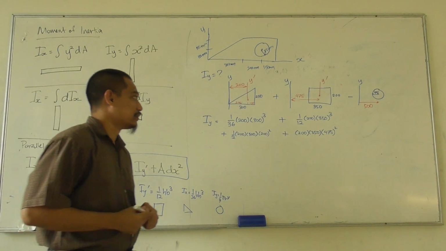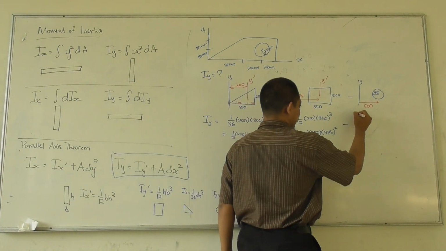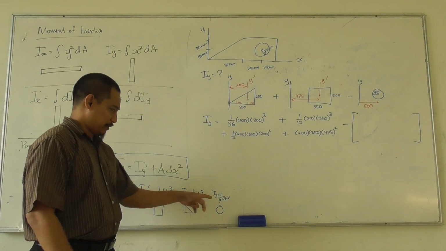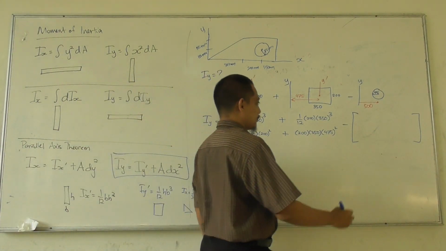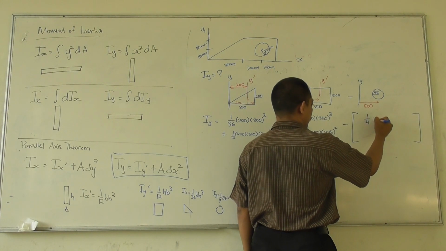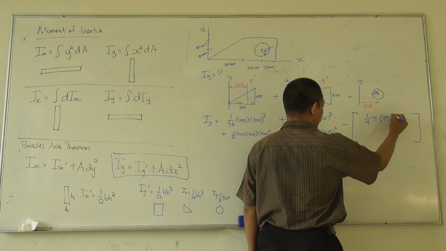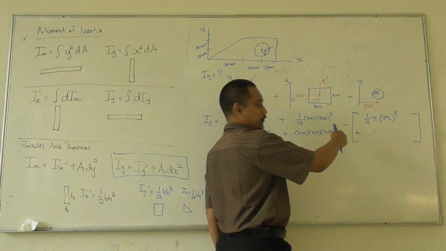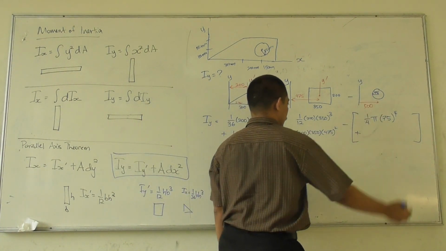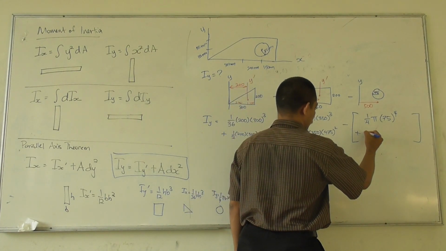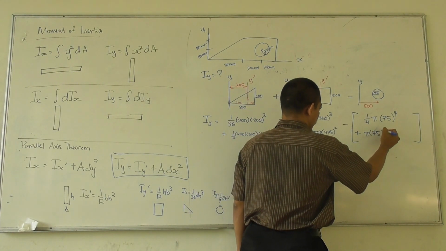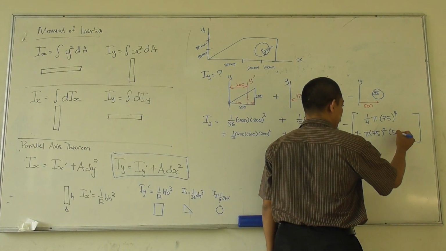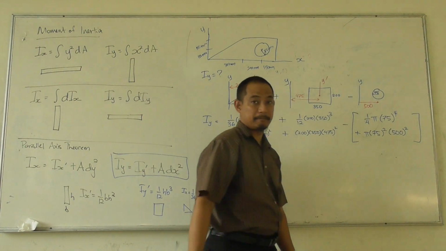And then we have to minus all of this. Iy prime for the circle is 1/4 pi r to the fourth, so 1/4 pi 75 to the fourth inside, plus, and of course outside it becomes minus, A, which means pi r squared, pi 75 squared, and then dx squared, which is 500 squared.